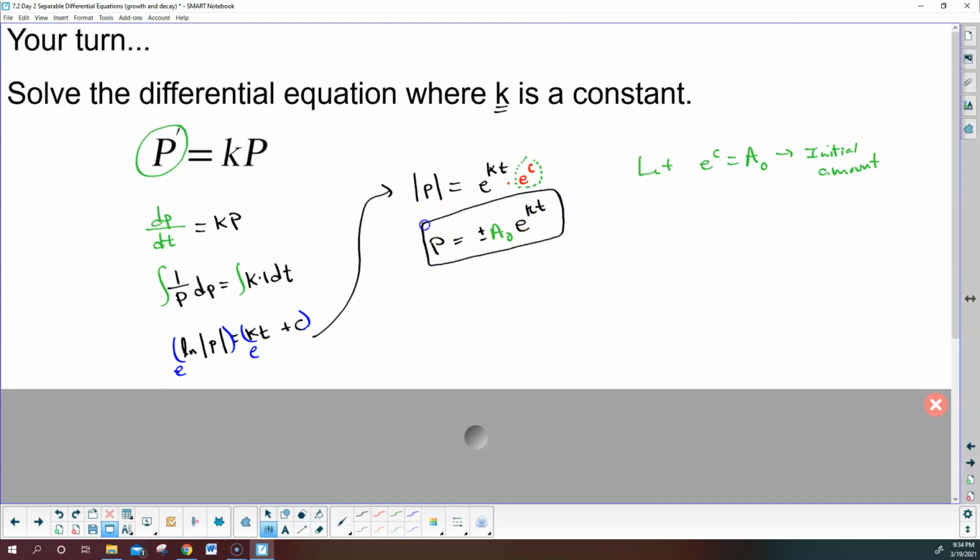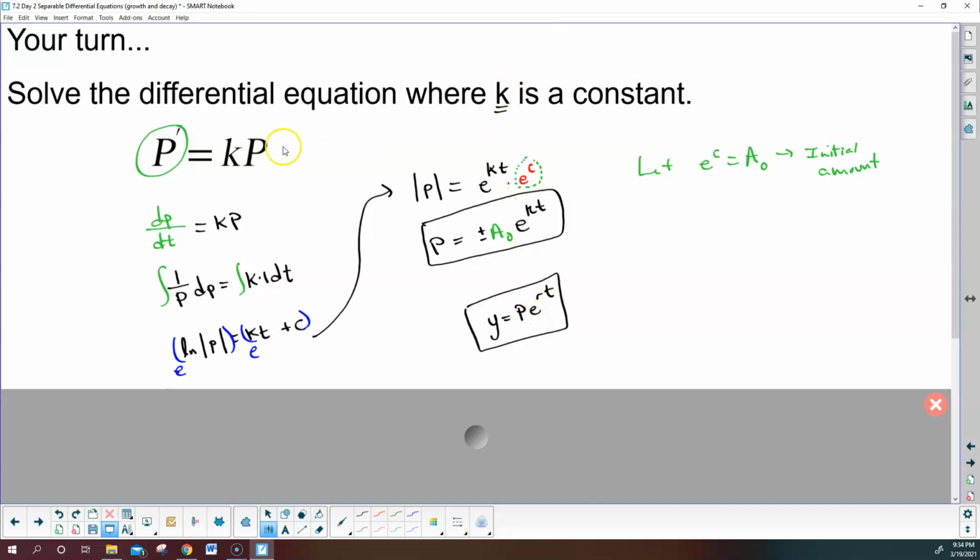Wait a minute. Haven't we seen this before? If I change a couple letters around, remember the PERT formula back in algebra? P was the initial principal, or in this case, A is the initial amount. E is our base, R was the rate, and T is time.